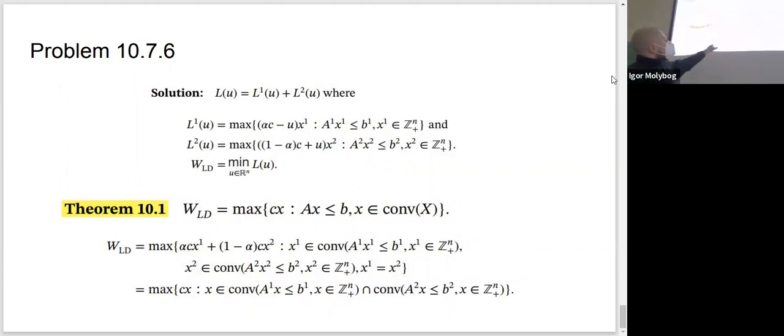Therefore, the strength of the Lagrangian relaxation is the intersection of the two convex hulls of the two sets. The first contains the first system of linear inequalities, and the second contains the second system of linear inequalities. This is called the strength of the dual.